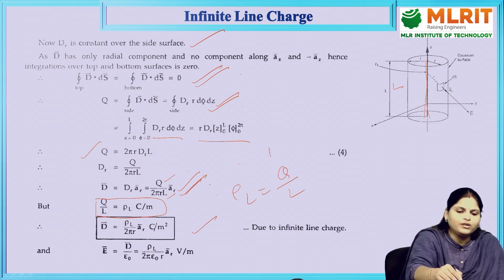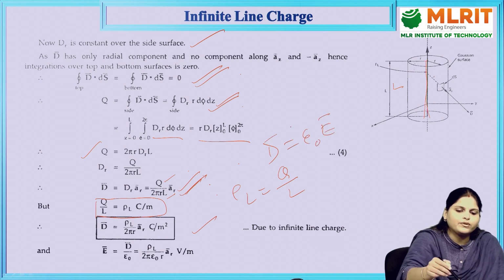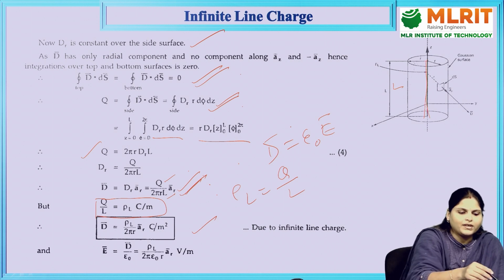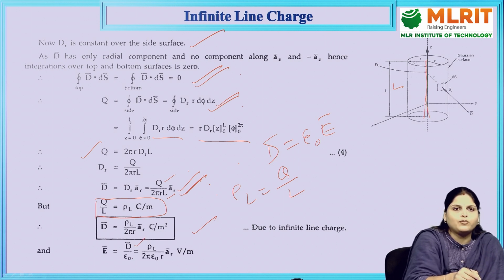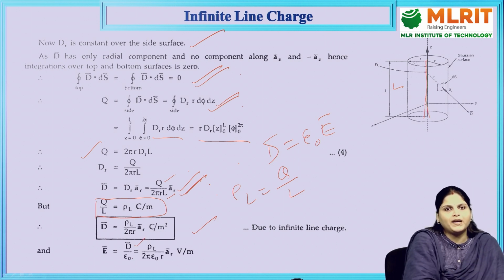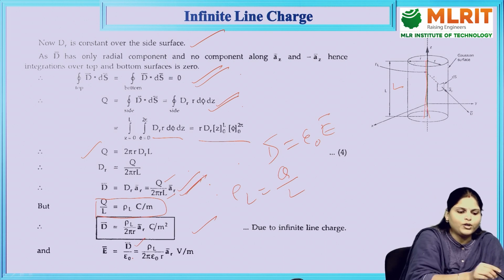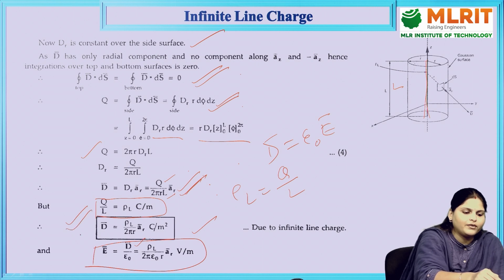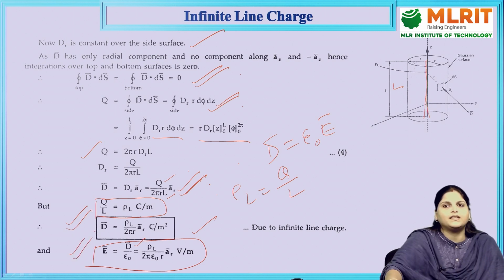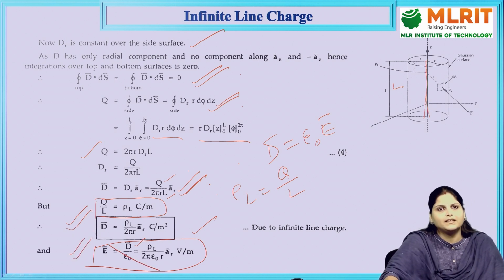And as we know, D is equal to epsilon naught E. So E is equal to D upon epsilon naught. So again we put the value of D into this formula and it becomes E is equal to rho L upon 2 pi epsilon naught r a_r volt per meter. So by using Gauss law, here we have got the field intensity and flux density due to an infinite length line charge.